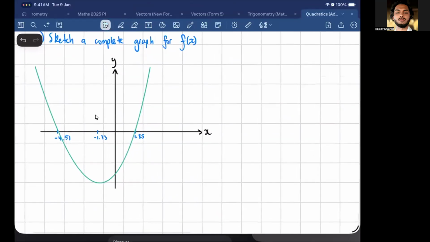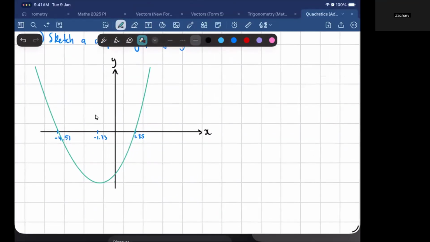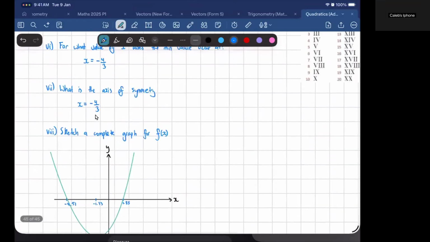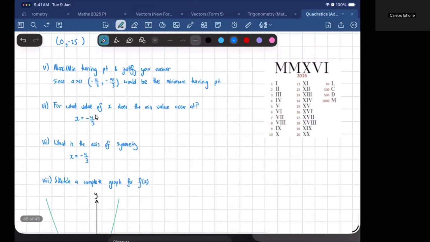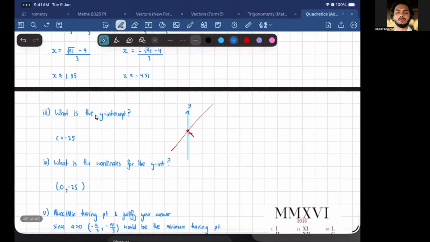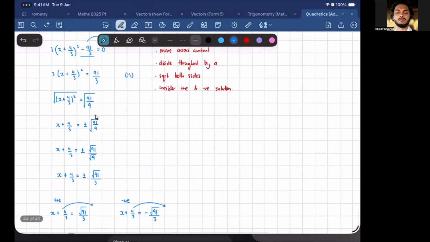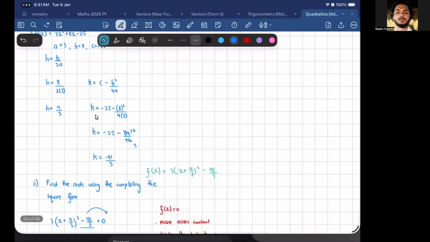So we okay up to this point. Next thing, we should probably put the y value for the minimum point. So do you remember what the y value was? -25. Wow. You sure? No, it was -91/3.